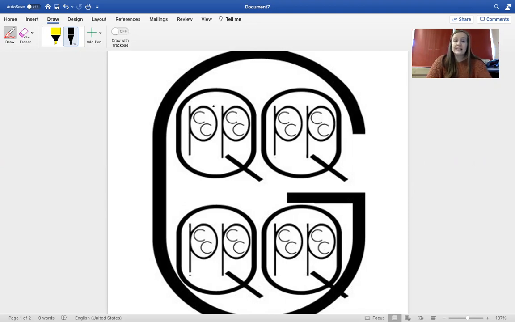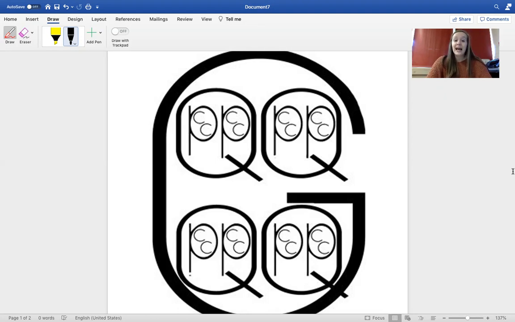If we look inside the Q, there are 2 P's, which are pints. There are 2 pints in 1 quart. But if we wanted to know how many pints were in the gallon, we would count 1, 2, 3, 4, 5, 6, 7, 8. So this picture tells us that there are 4 quarts in a gallon, 2 pints in a quart, and 8 pints in a gallon.